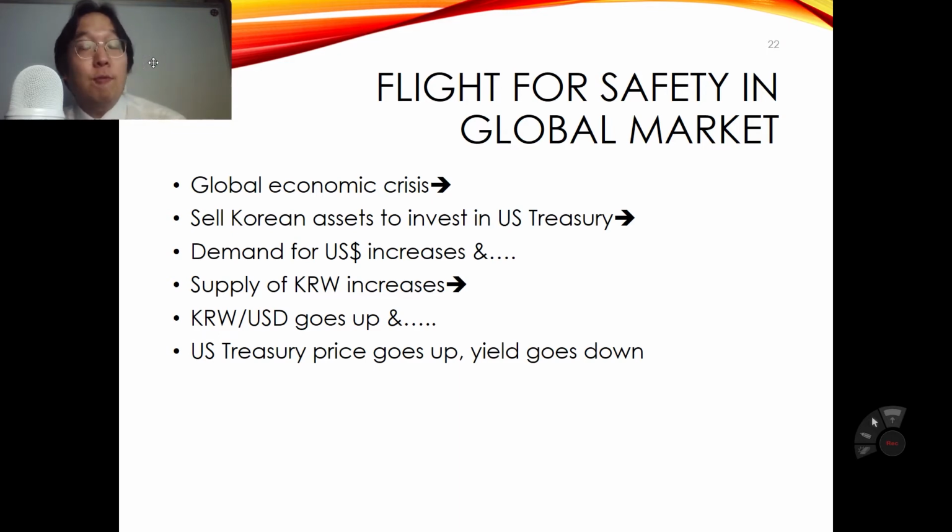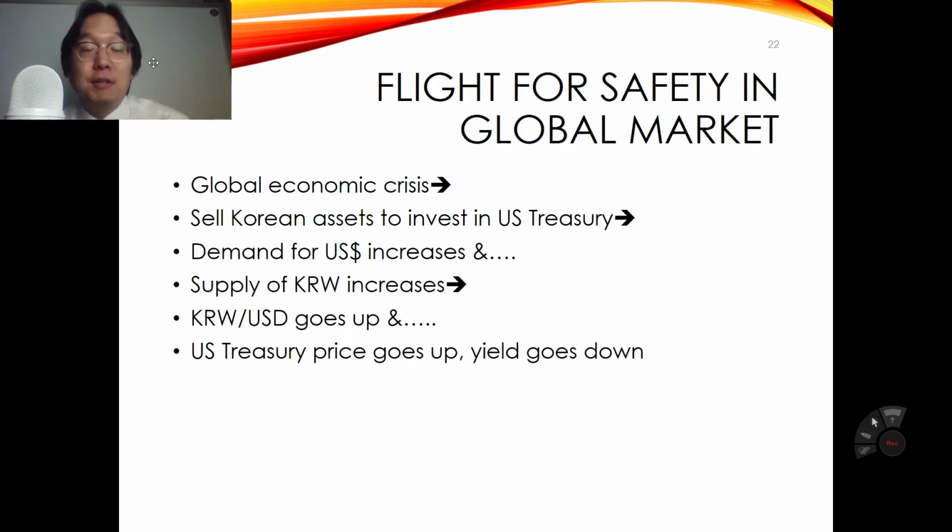Not just foreign investors, but domestic investors as well. Samsung 자산운용 or that kind of 자산운용, Korean Investment Corporation, KIC guys, they all do the same thing. We are living in a global world, and they are global players as well. And then sell Korea and buy U.S. Treasury. So U.S. Treasury rally, you witnessed that, right?